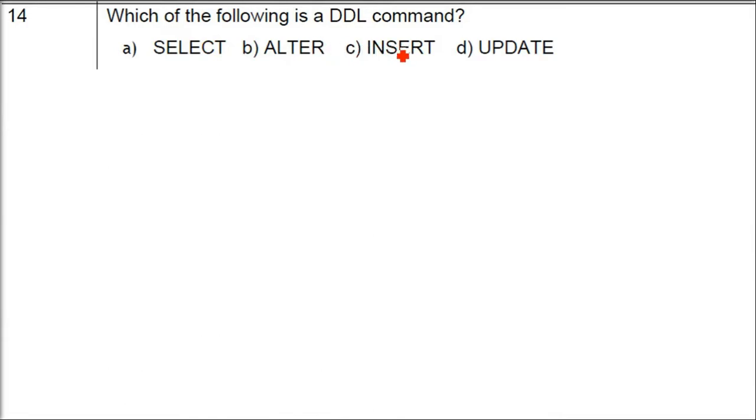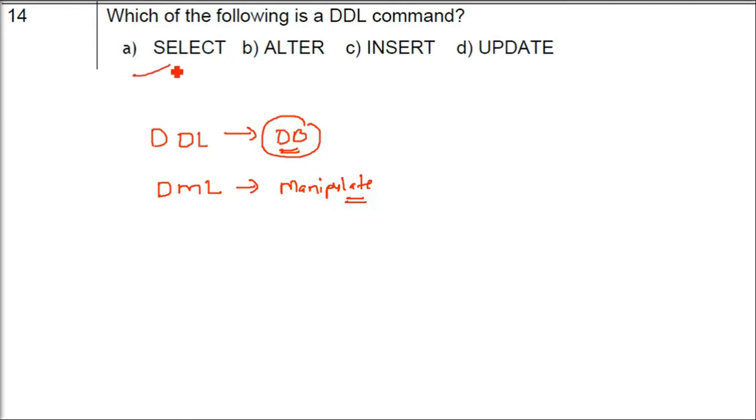Now, which of the following is a DDL command? There are two types of commands, DDL and DML. A DDL command basically deals with the database structure, the original database, the table or tables. The DML is only for manipulating, changing the inside content of the table, not the table structure.